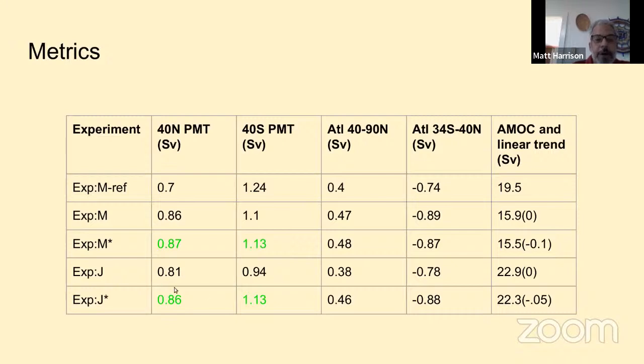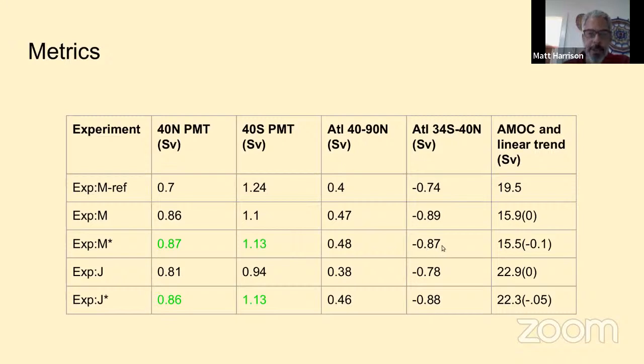And with JRA, you tend to underestimate the northern and southern transports without the constraint. Then you can look at how much water is the net forcing in the Atlantic basin. With the constraints, you get about half a sphere drip net forcing into the Atlantic north of 40. And for the Atlantic as a whole, it's net evaporative, around minus 0.9.